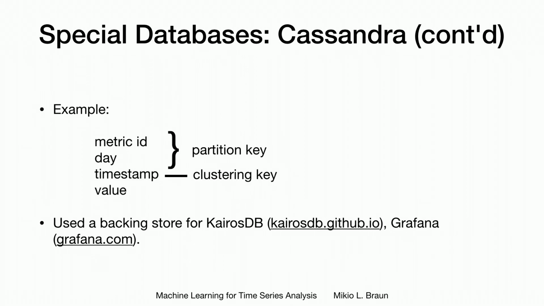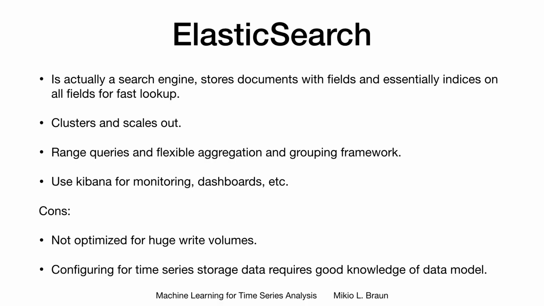And these are actually used as a backing story. So KairosDB is a time series database which is used on Cassandra and, as I mentioned, Grafana. And these are used in production, and they collect huge amounts of metric data and then allow you to extract data very quickly.